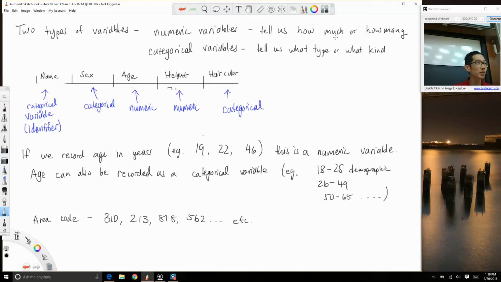It doesn't make sense to say, oh, my friend has 600 more area code than I do. Those kinds of statements don't make sense. So area codes appear as numbers, but do not tell us how much or how many. So really, they are categorical variables, okay?